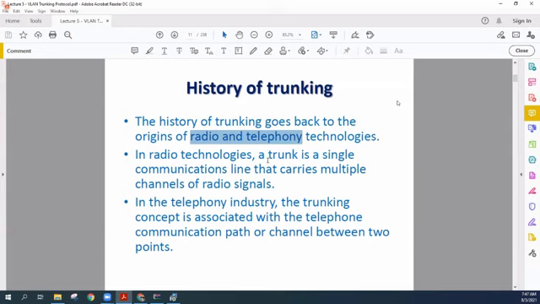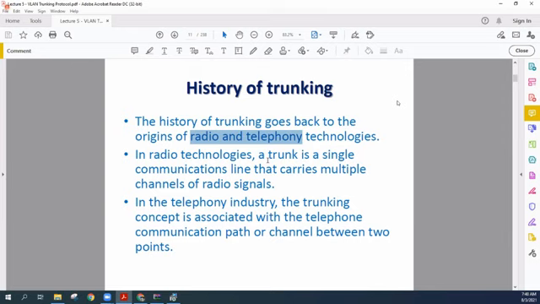It might not have been this tagging mechanism. With VLAN, we talk about the tagging mechanism for trunking. But in radio and telephone technologies, in the very early days, they also did trunking, but with some other approaches. Trunking is sharing the same media for different purposes or different users.